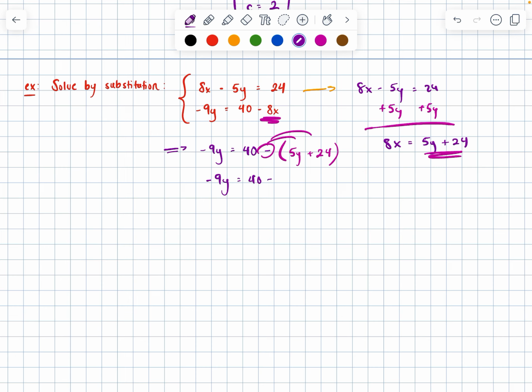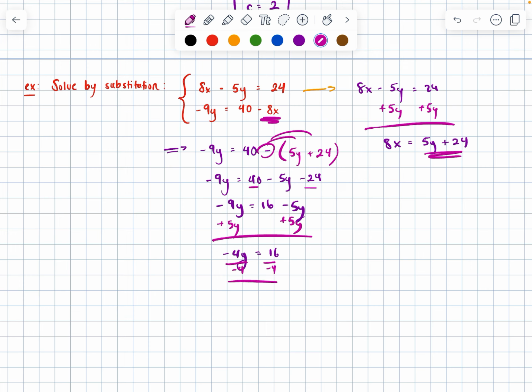Negative 9y is equal to 40 minus 5y minus 24. Combining some like terms, 40 minus 24, I know how to do that. That's 16 minus 5y. Let's move our y's over to the left side here. So I'm going to add 5y to both sides to get negative 4y is equal to 16.